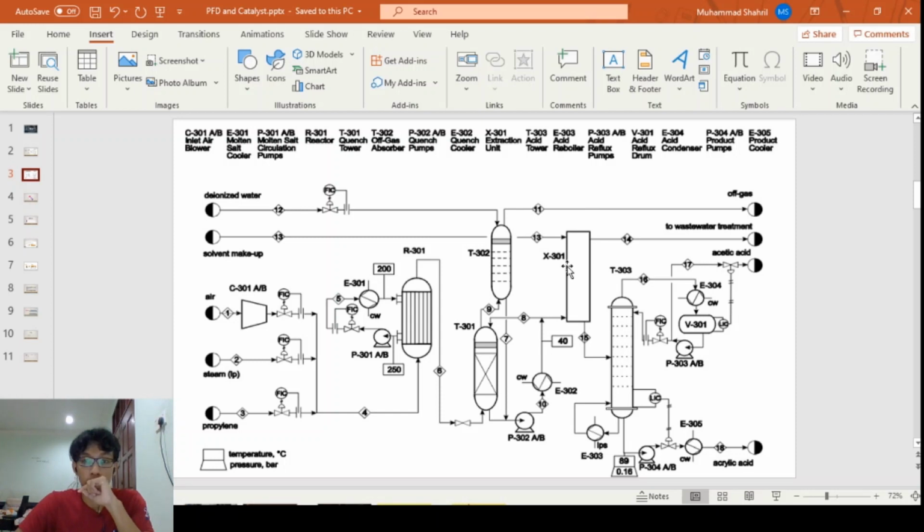Okay, I zoom in. We can see here the propylene. You can see that we have the reactor, distillation column, stripping column, and the products here, which are acrylic acid and acetic acid, and the byproduct will go to wastewater treatment.